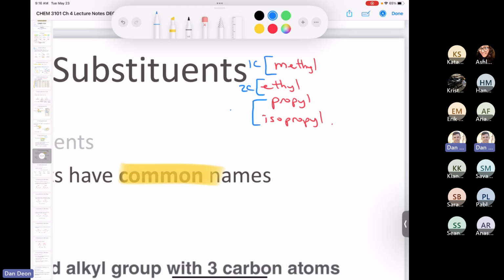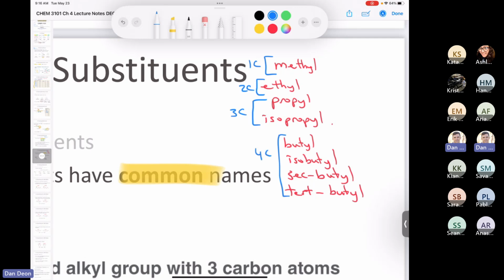Propyl and isopropyl both have 3 carbons. And then when it comes to 4 carbons, there's 4 different groups. You have to know butyl, isobutyl, sec-butyl, and tert-butyl. Okay, you need to know all of those, and they all have 4 carbons. So that's a total of 8 different alkyl groups that you need to have memorized.